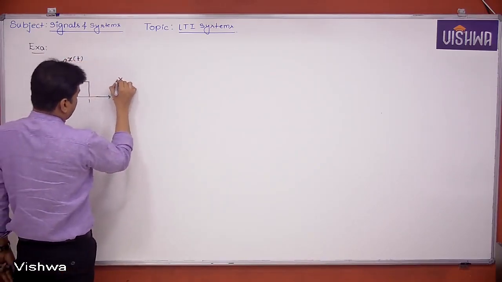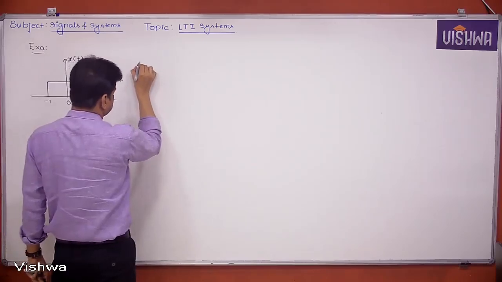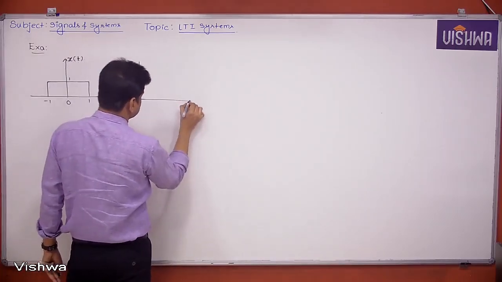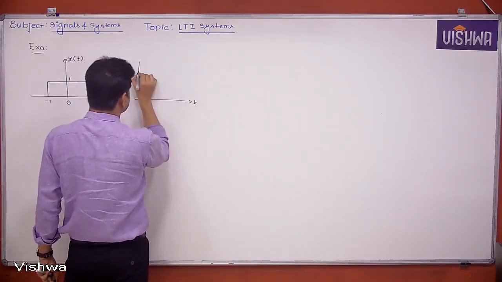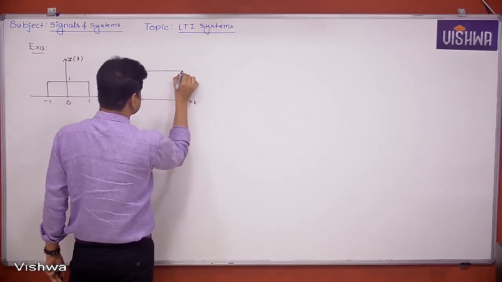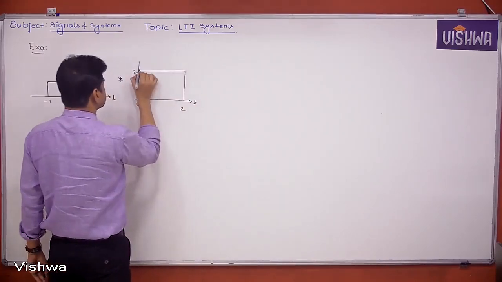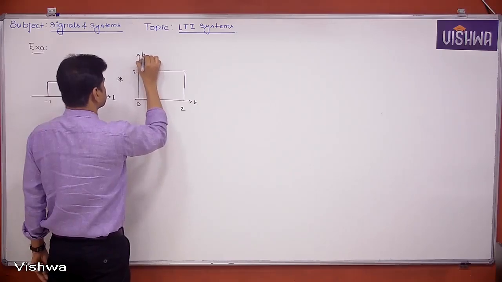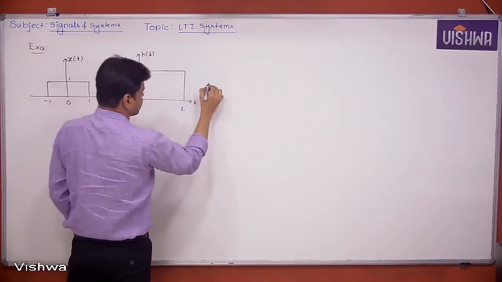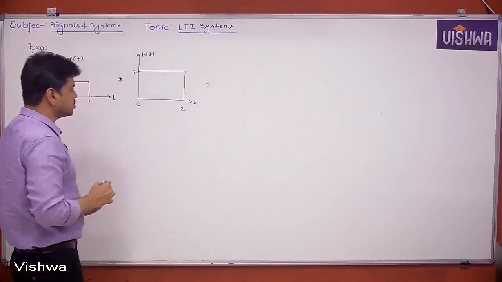If it is convolved with h of t, which exists from 0 to 2, what is the result we are going to get? Can you do it? So simply, let's see.